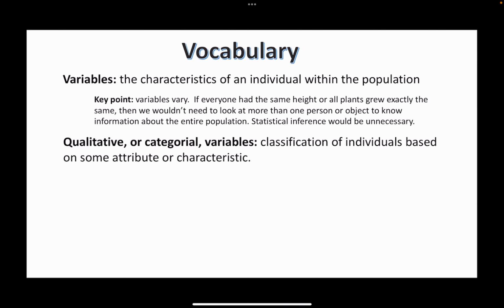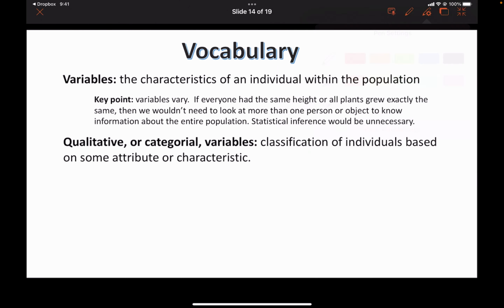Quantitative or qualitative or categorical. So qualitative or categorical, I generally say categorical, but qualitative is what our textbook likes to use. Both of them are equally correct. Qualitative, think qualities. We're looking at qualities of people. Categorical, categories. So this is based on some attribute or characteristic.